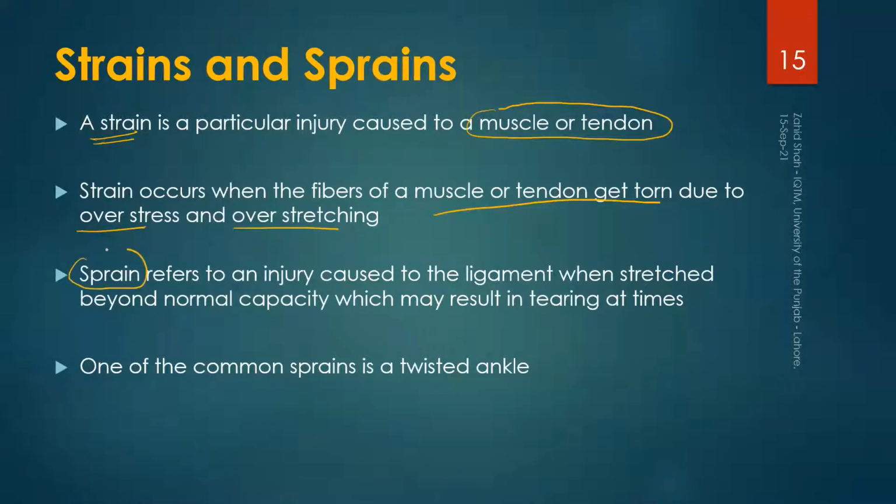Sprains, on the other hand, refer to an injury caused to the ligament when stretched beyond normal capacity, which may result in tearing at times. For example, one of the common sprains is a twisted ankle. A twisted ankle is actually a tearing or injury to the ligament that is attached to the ankle joint.